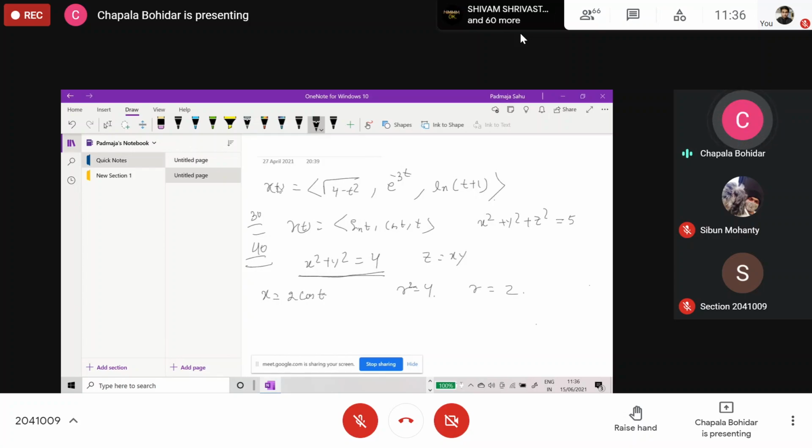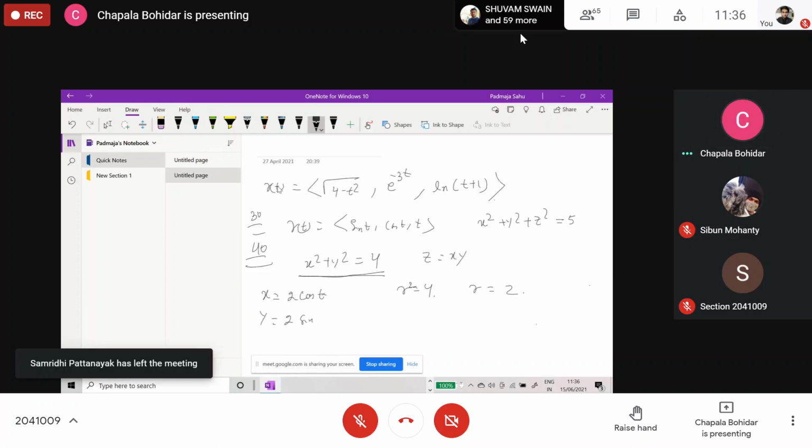So your x, in terms of the parameter, you can write as r cos t, that is 2 cos t. y is equal to 2 sin t. Then z is 2 sin 2t.